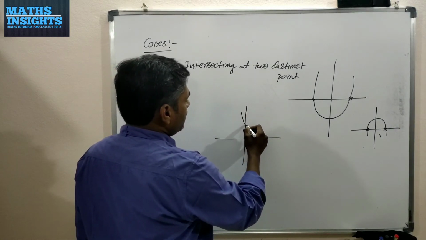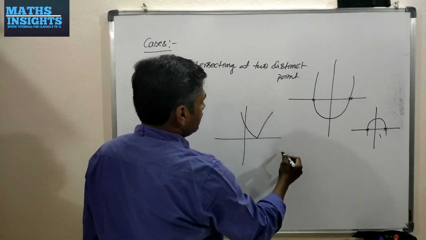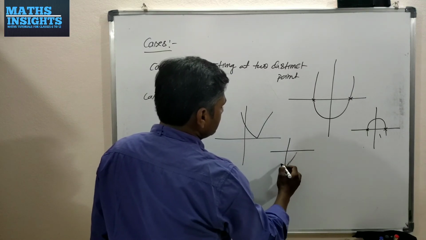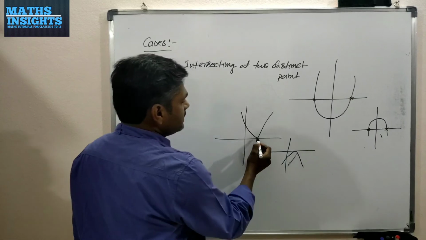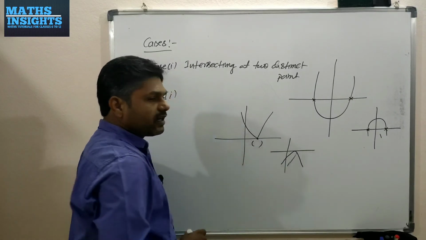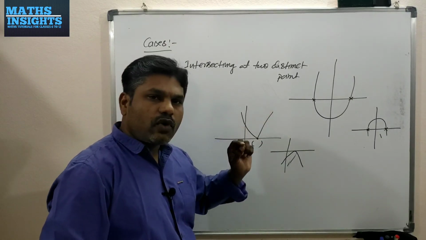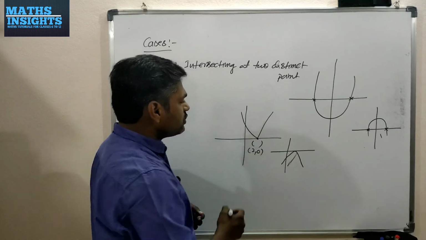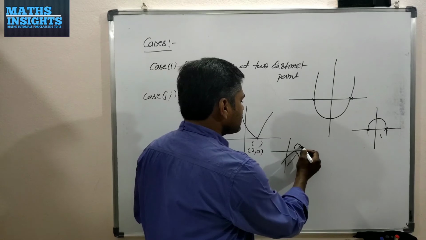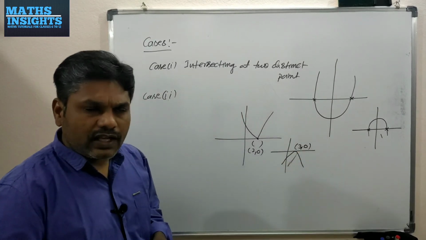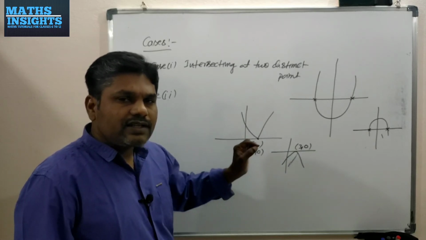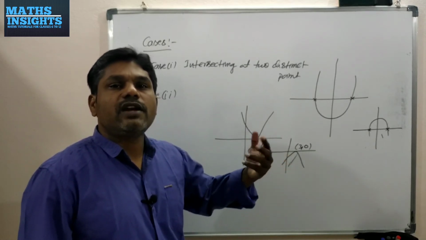So it may be like this, or it may be like this. This is the point where the graph of this quadratic polynomial is touching. Suppose you take it as 2 comma 0, and in this case 3 comma 0. Then we will have only one x coordinate, but it will repeat twice.